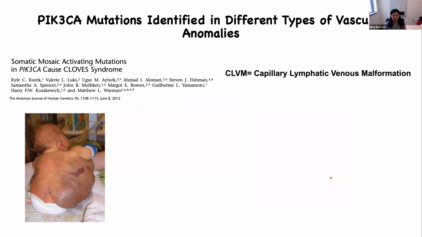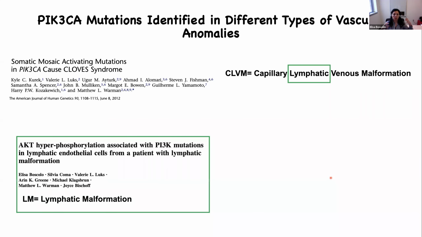And so what we were interested in addressing is, because CLVM is formed by capillary, lymphatic, and veins, in which cell type is the mutation happening. And so we were just trying to think, okay, PIK3CA mutations are found in CLVM, but they have also been found in isolated lymphatic malformations.